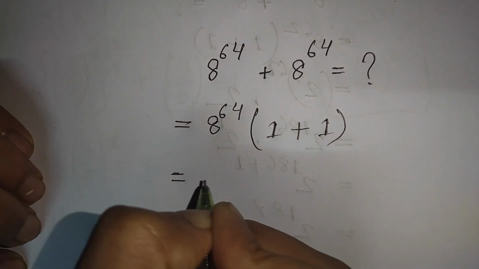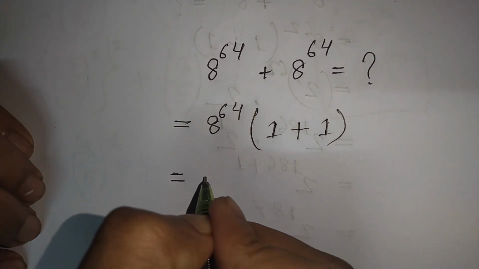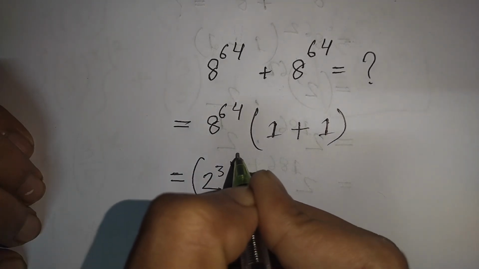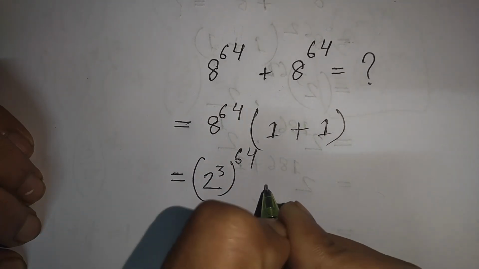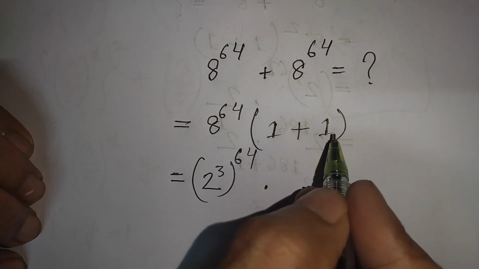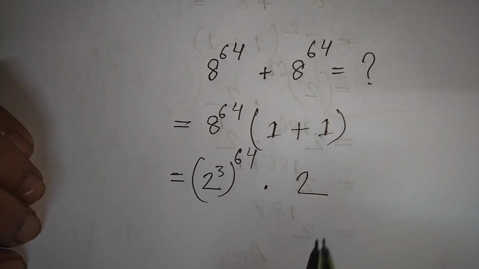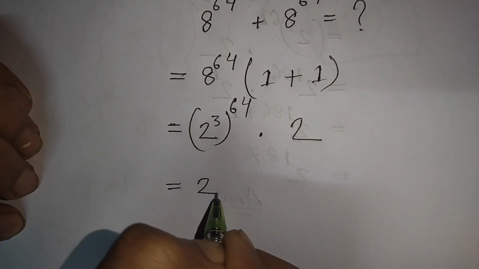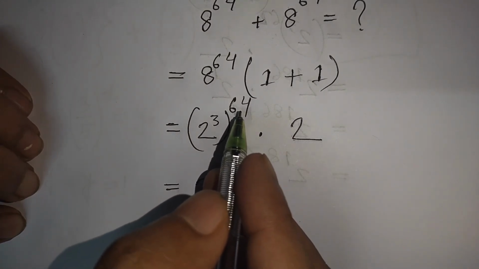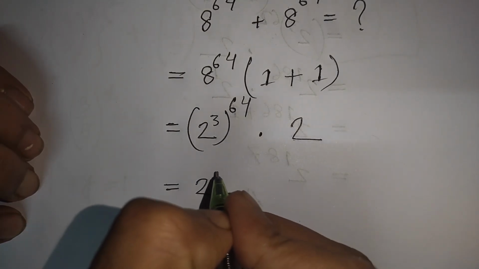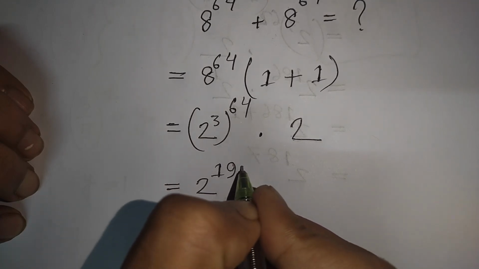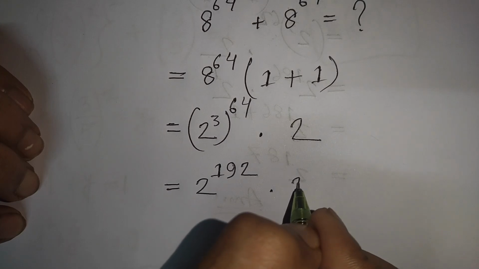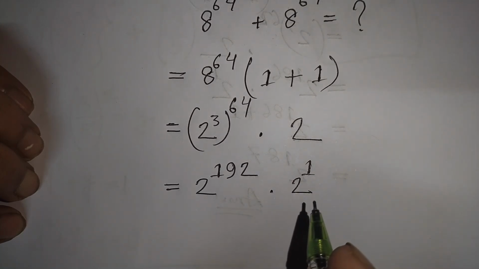Then 8 to the power 64 is the same as 2 to the power 3 bracket power 64, times 1 plus 1, that means 2. Then 2 to the power 3 times 64, that means 192, times 2 is the same as 2 to the power 1.